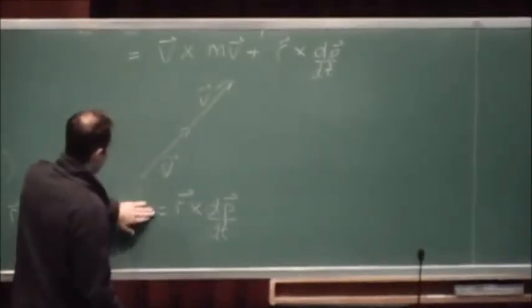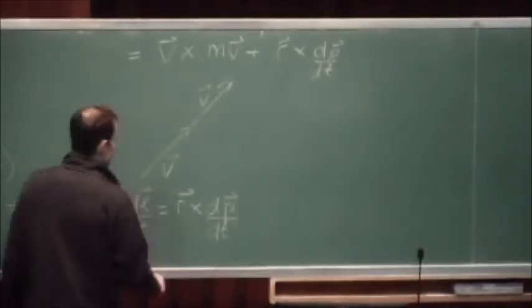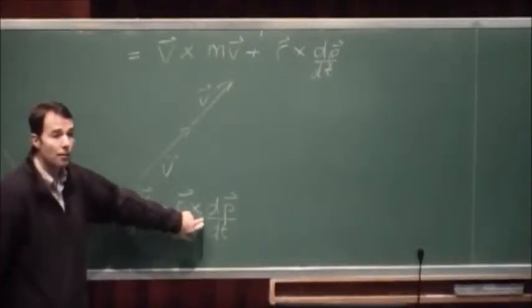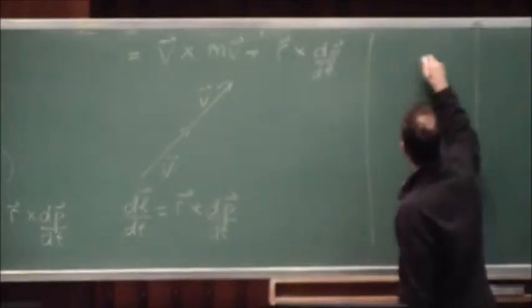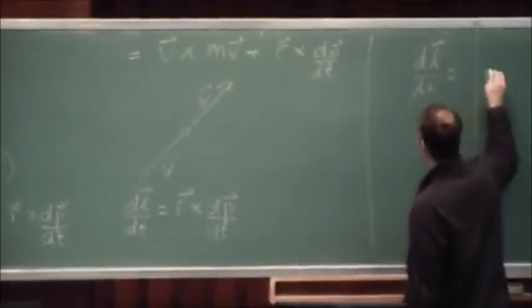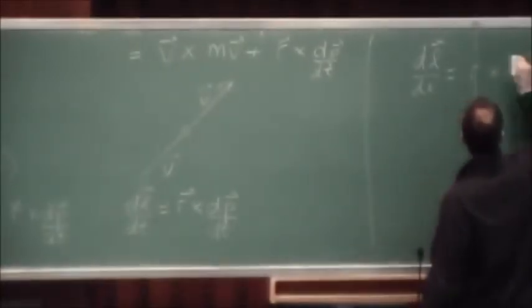So, sorry, I should have said that this is dL/dt. What is dp/dt? Force. Right? So what we find out is that dL/dt is equal to r crossed with ma.